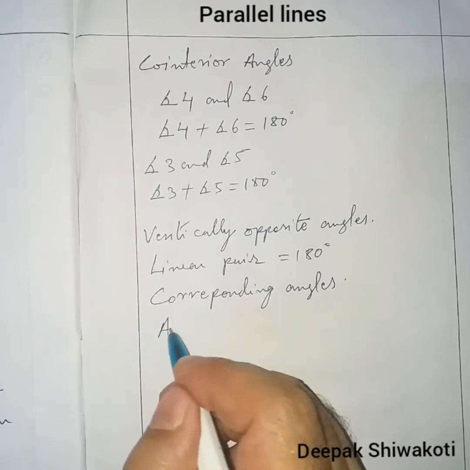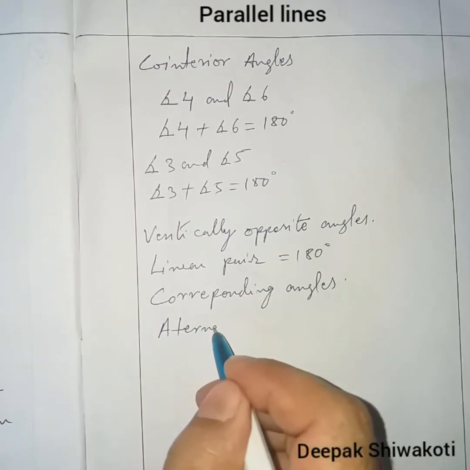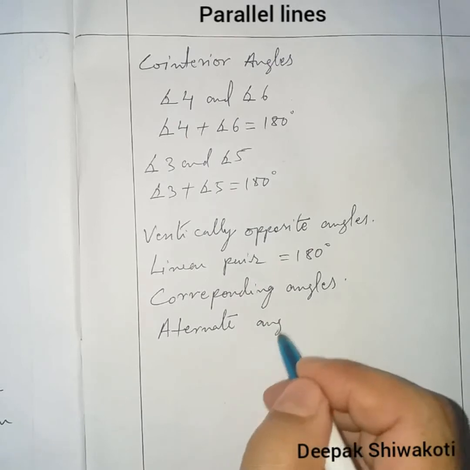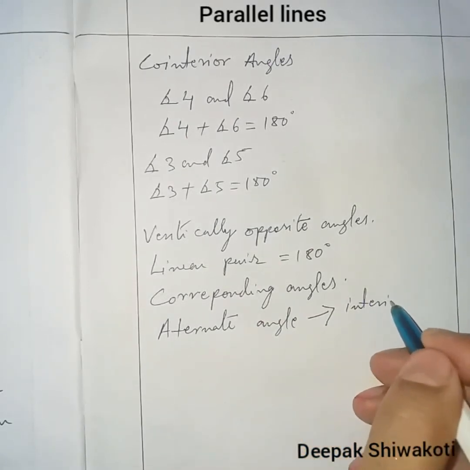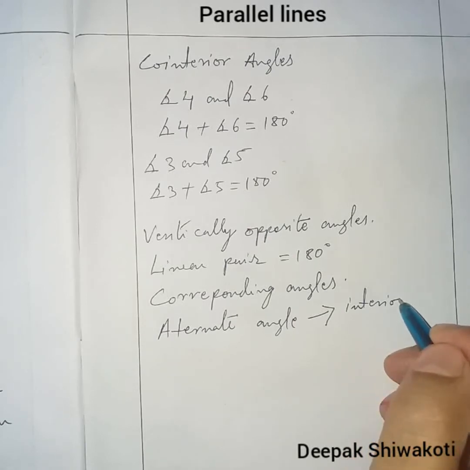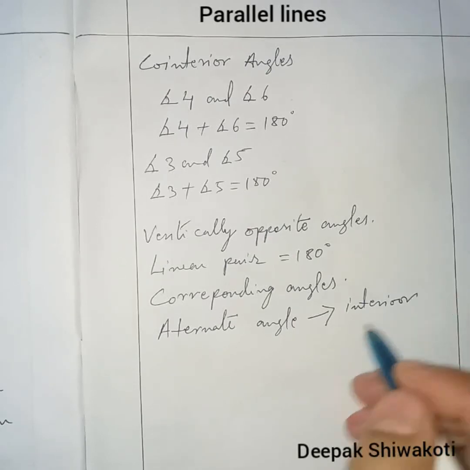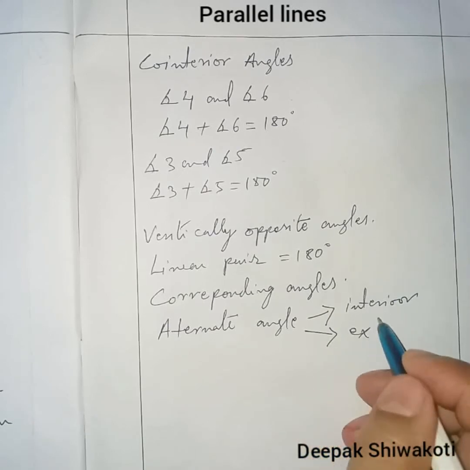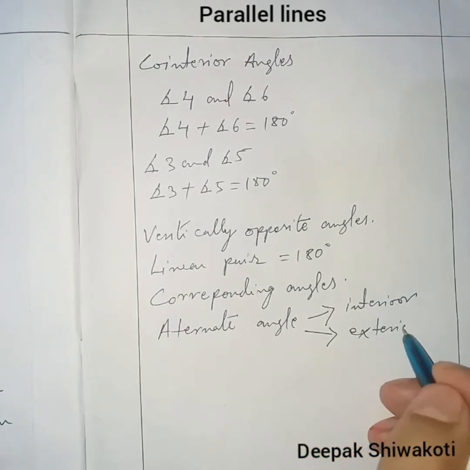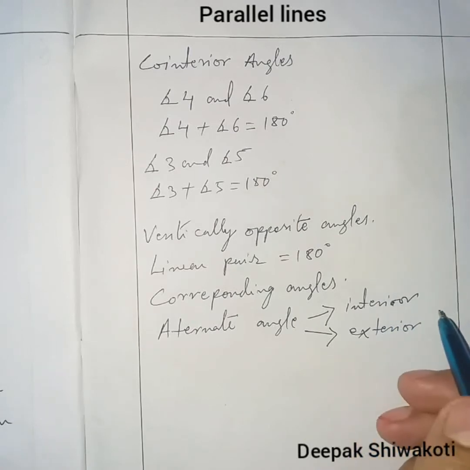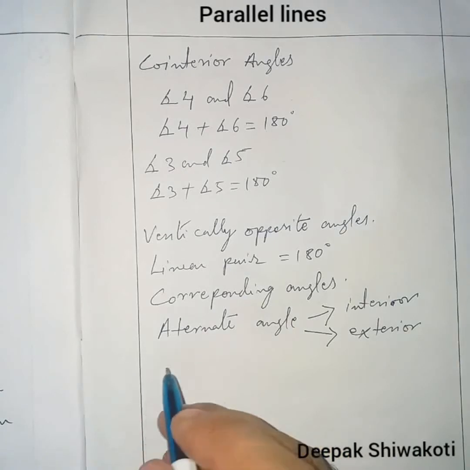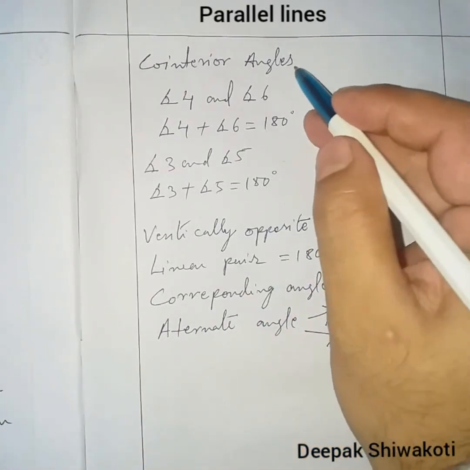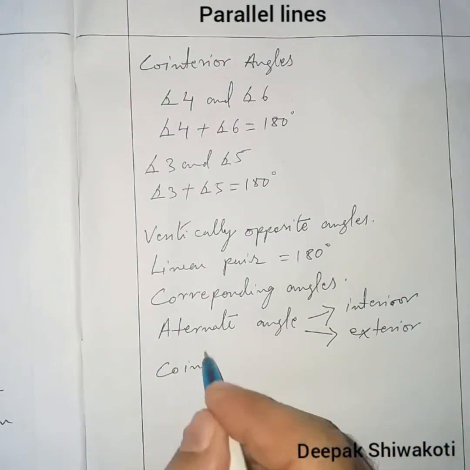And alternate angles, these are two types. One is interior, which are inside the lines, and another is exterior. Interior and exterior alternate angles are also equal in case of parallel lines. And co-interior angles we have done here, isn't it?